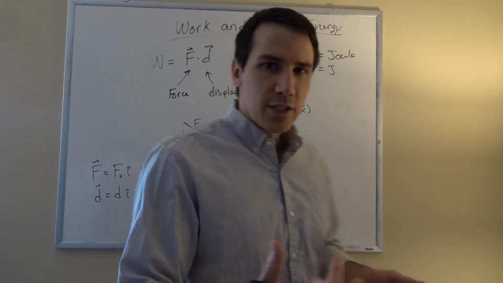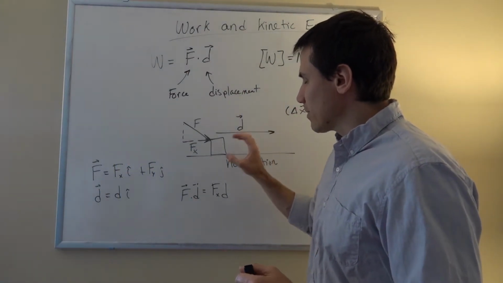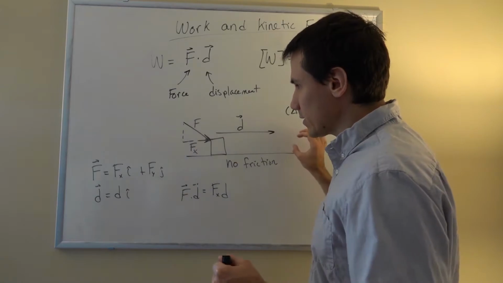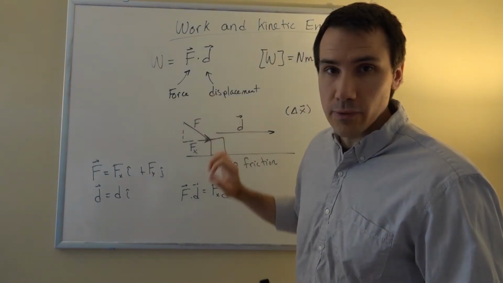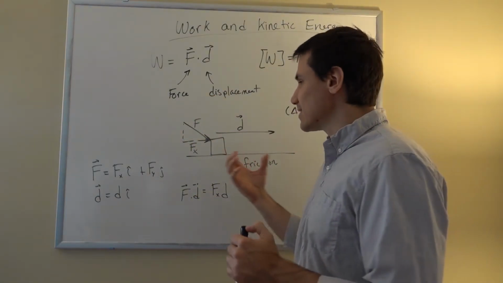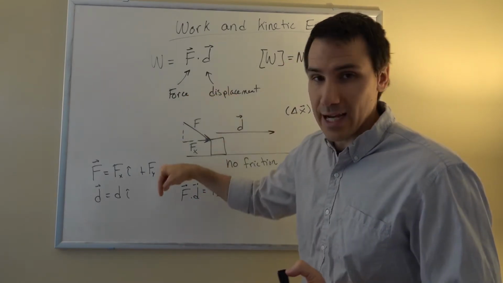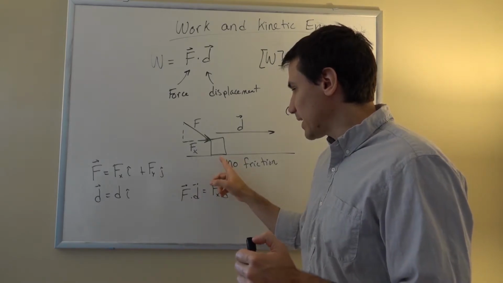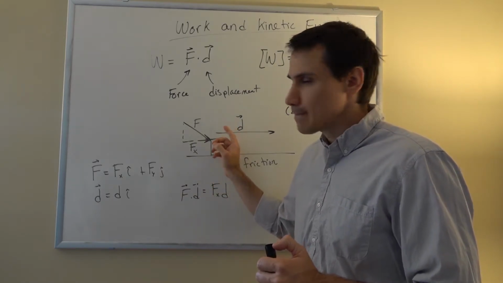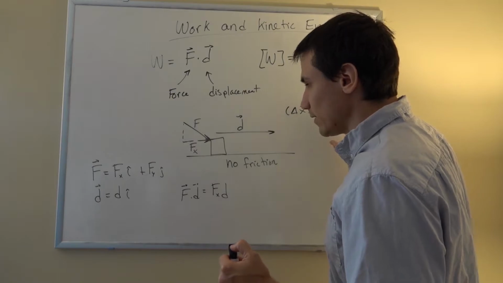And the dot product is really handy here because if we want to think about how this box accelerates, the y component of my force does not help the box accelerate, right? The y component is pushing down into the ground. It's going to be counteracted by my normal force, and the box moves only in this direction.